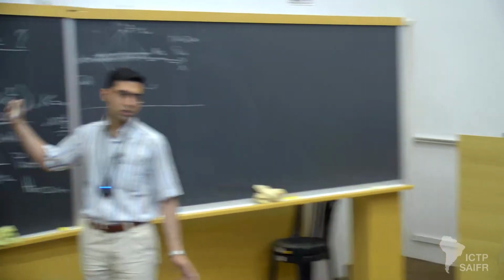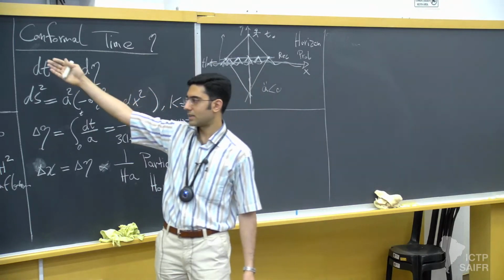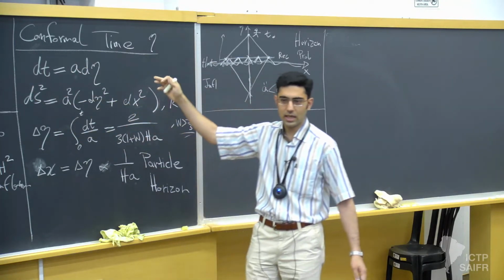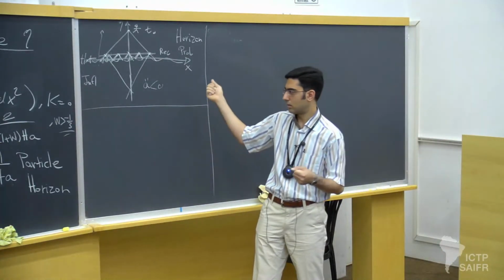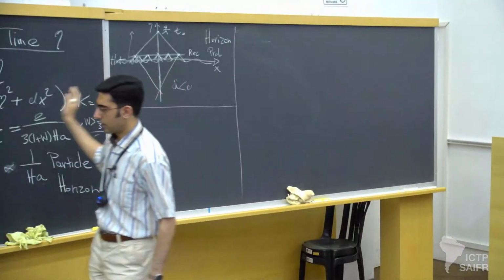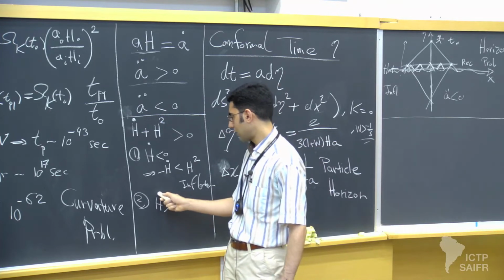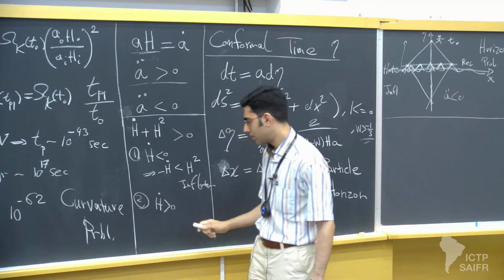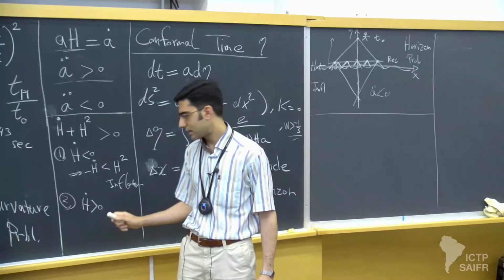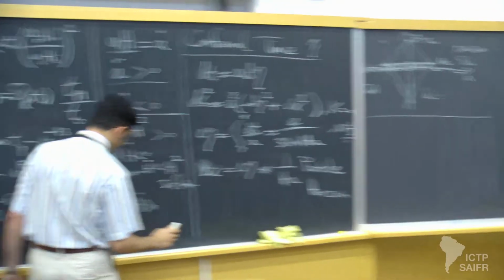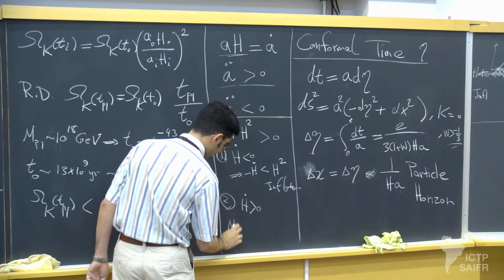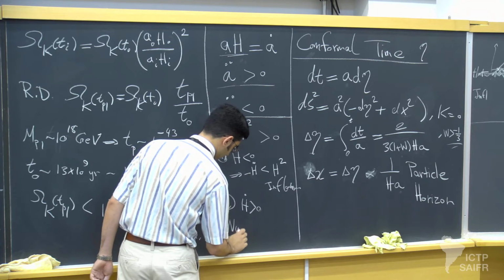They achieve the same outcome, which is that they basically solve these two problems. However, having H dot larger than 0 requires violation of some condition on the energy-momentum tensor, which is called the null energy condition.